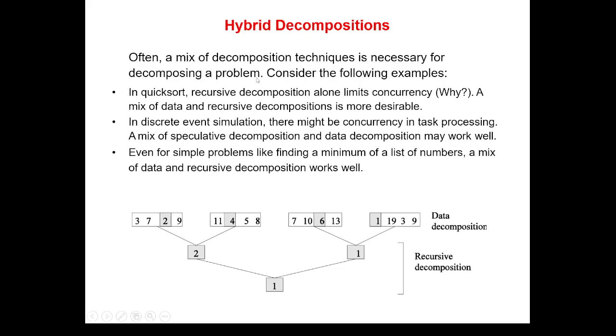Even a simple problem like finding the minimum in a list of numbers, we can mix data and recursive decomposition and it works well. For example, we want to sort the data 3, 7, 2, 9, 11, 4, 5, 8, 7, 10, 6, 13, 1, 19, 39. First we decompose our data into four parts. Then each part works independently using recursion. Among 3, 7, 2, 9, the minimum number is 2.